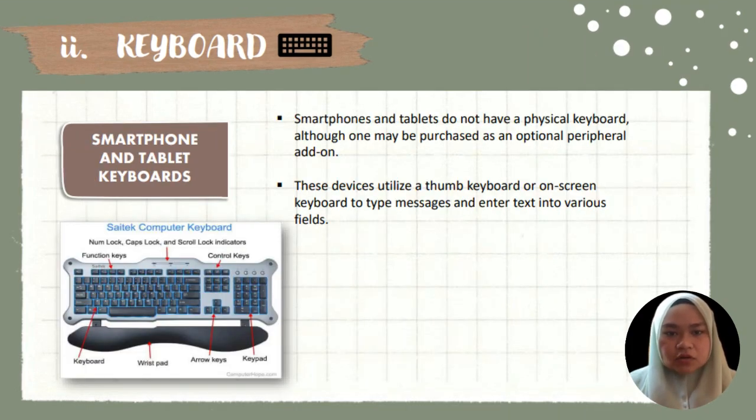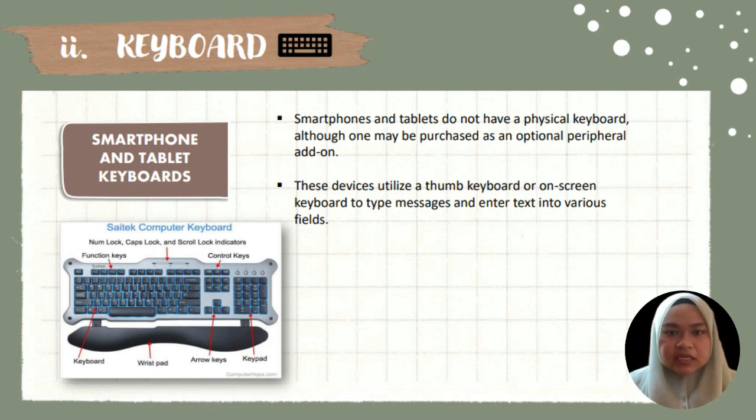Last is the laptop keyboard. A laptop keyboard is arranged differently than a desktop keyboard to accommodate the laptop's narrower footprint. Most laptop keyboards are made smaller by placing the keys closer and including an FN key.